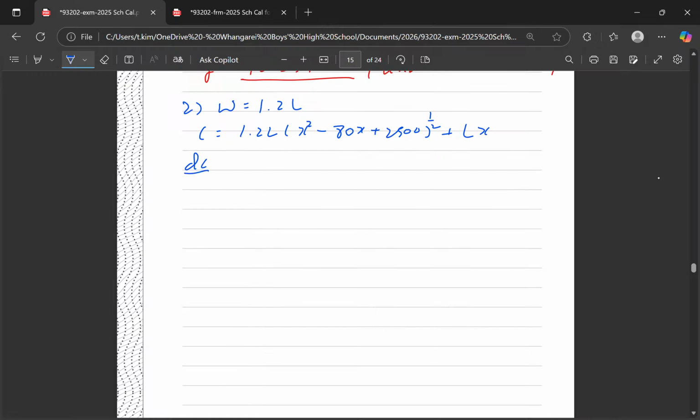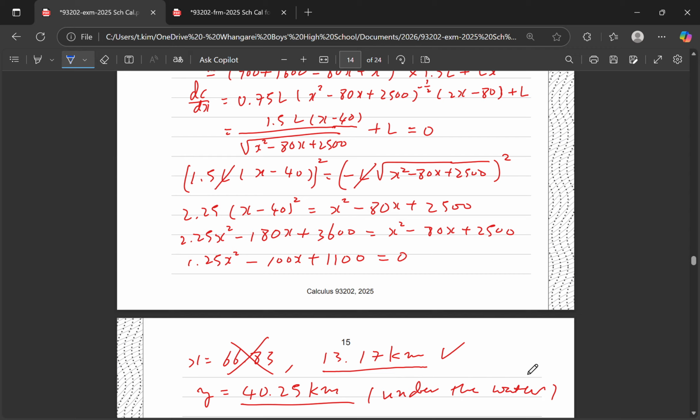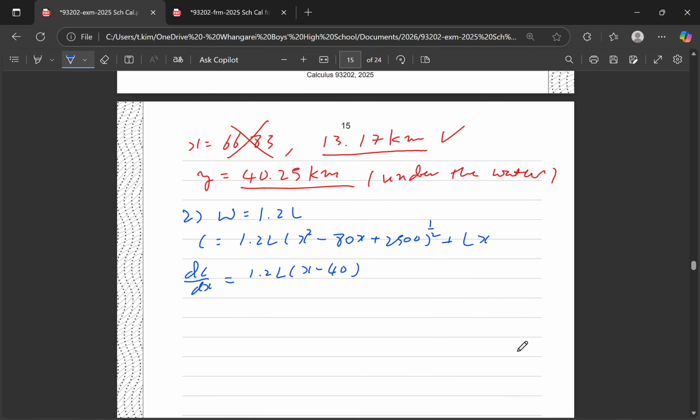Then you differentiate C in terms of x like just before. So that becomes 1.2 L times x minus 40. Hold on. Yeah, just 40. That's right. Over square root of x squared minus 80x plus 2500, plus L equals 0.